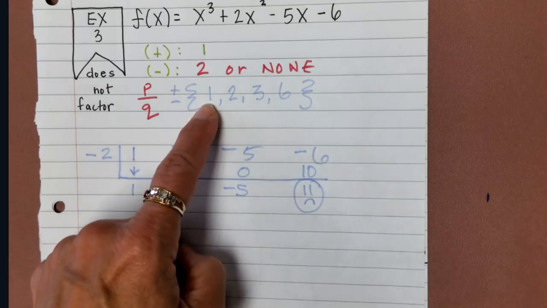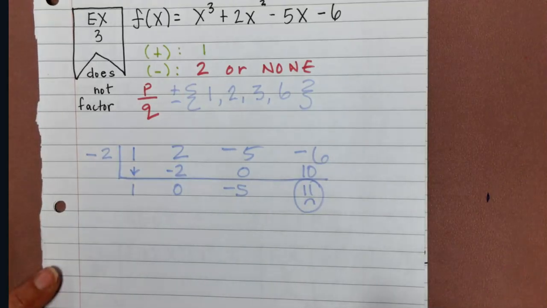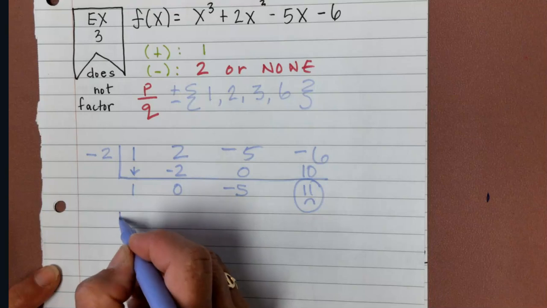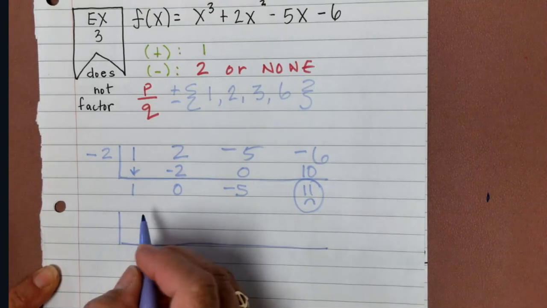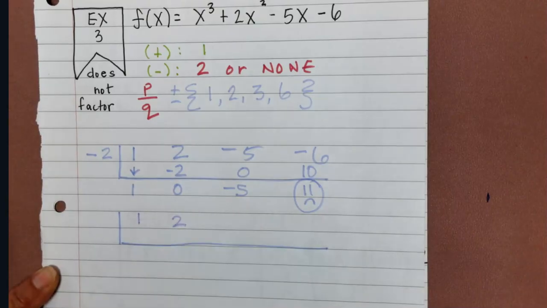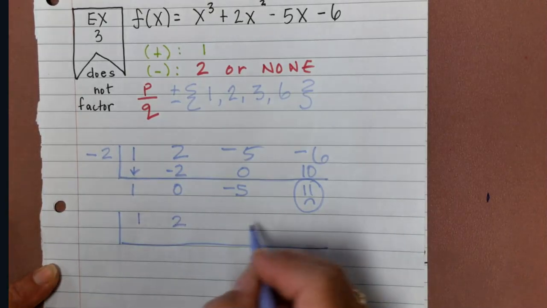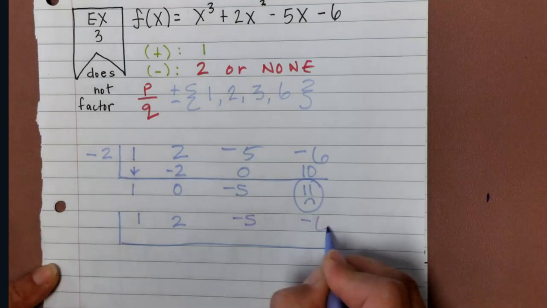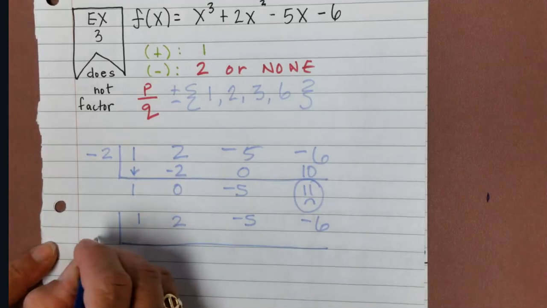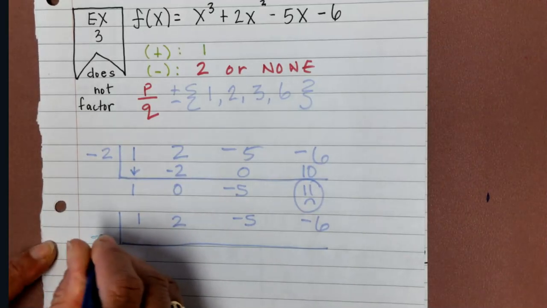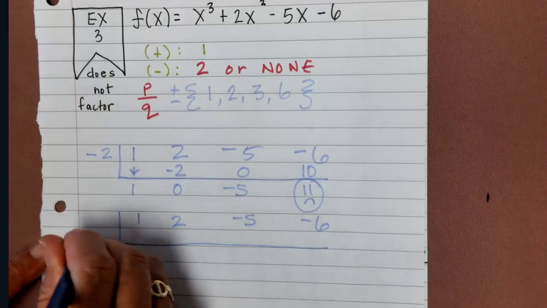Let me try -1. So I'm going to draw the same setup. This is still 1, 2, excuse me, -5 and -6. But this time, guys, I am going to try a -1. So I'm going to put a -1 on the outside.